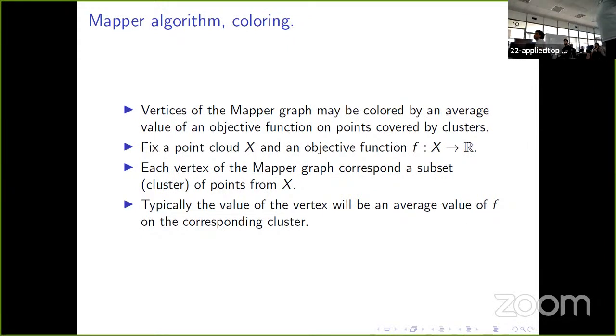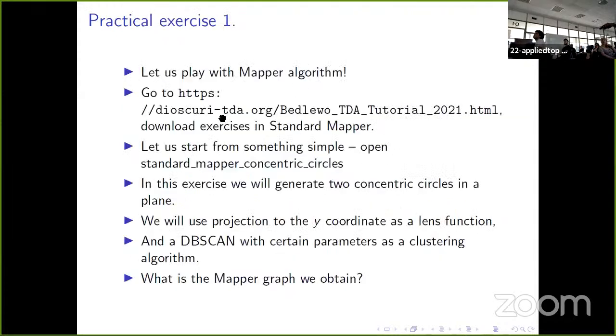Okay, so let's see. Do we still have time? 5 minutes, although we should be wrapping up quite soon. There are analogous exercises, as we did for ball mapper, that you can do for what I call a conventional mapper.